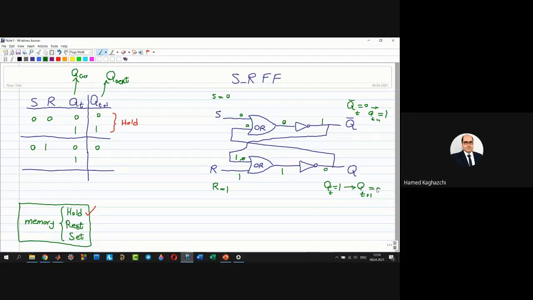Now the value of Qt plus 1, the value of the next Q, will be 0. What happened? The current value was 1. The next value gets 0. Interesting. And this 0 is stored in the flip-flop.